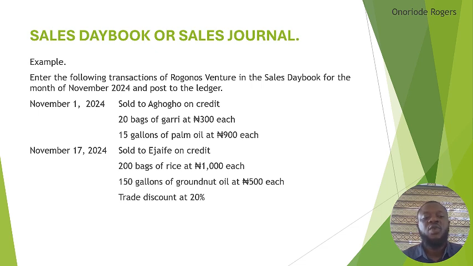November 17, 2024, sold goods to HIF on credit: 200 bags of rice at 1000 naira each, then 150 gallons of groundnut oil at 500 naira each. Then there is a trade discount of 20%. That means the customer, HIF, was given a 20% trade discount.